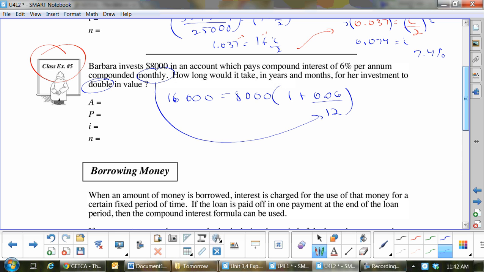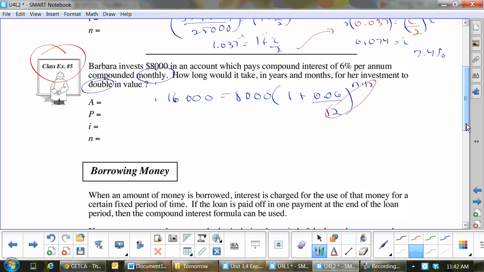Exponent would be n times 12. Make sure and do this, okay? It is a subtle little check, but you have to make sure you do that check, or I think I'm going to have students getting it wrong, okay?